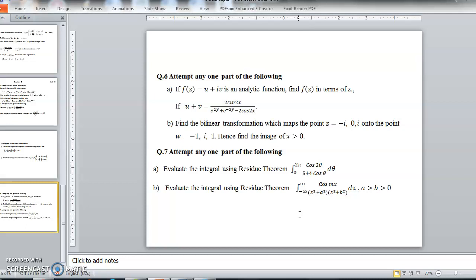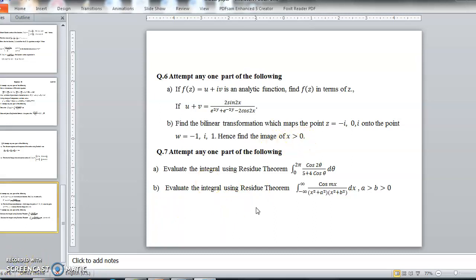Apply this formula, then find the transformation. Convert the given transformation as z equal to some function of w. Put the value of w as u plus iv and z as x plus iy. Find the value of x and y in terms of u and v. And then we can find the image of this one.